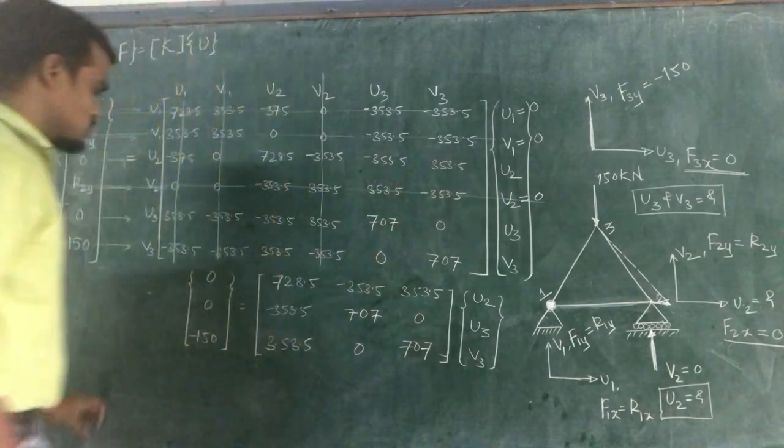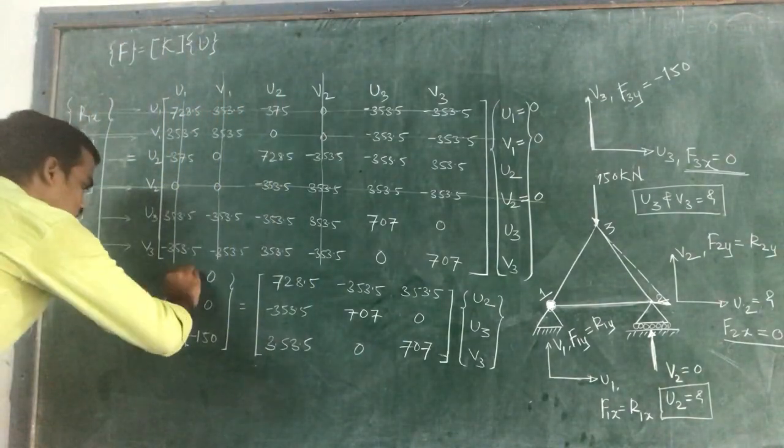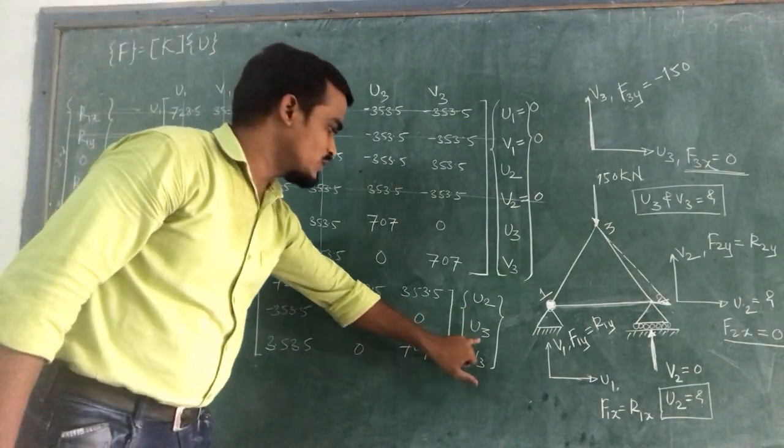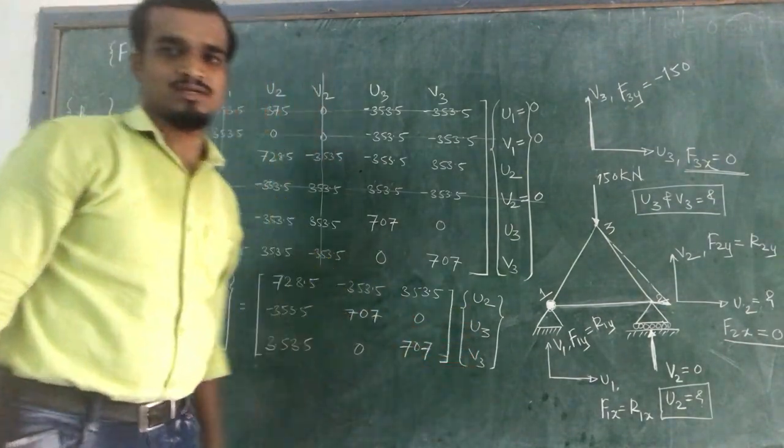Okay. So solve these 3 equations. You will get u2, u3 and v3 values.